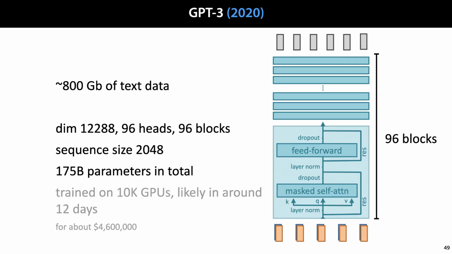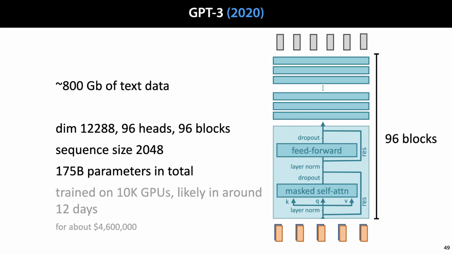About a year and a half later, OpenAI showed off GPT-3. The architecture hadn't changed much from GPT-2, but they had massively scaled it up. The number of parameters in the model had grown from 1.5 billion to 175 billion. The model was still pre-trained purely by autoregressive language modeling, but this time on a dataset of around 800 gigabytes of text.